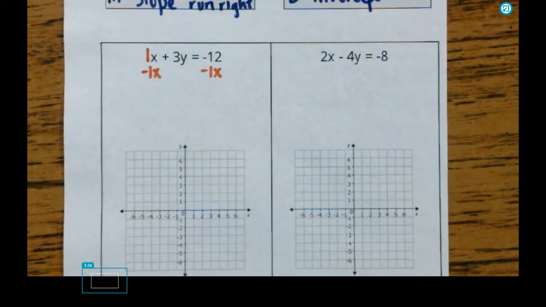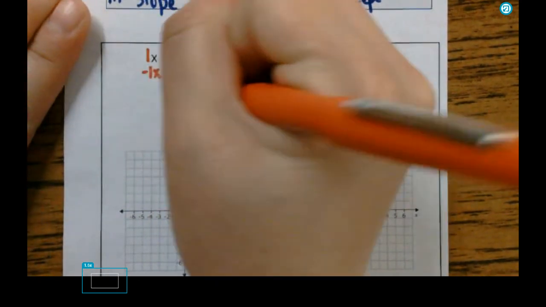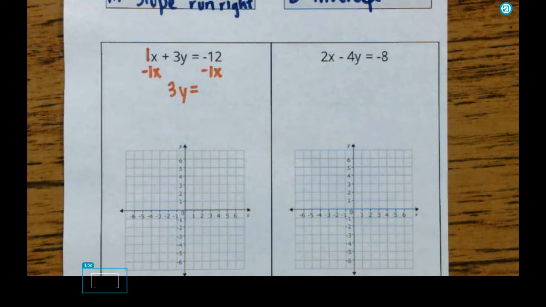On the left side of my equation, that leaves behind a 3y. And then on the right side of my equation, I have a negative 12 and I have negative 1x. First of all, we cannot combine those. We cannot do negative 12 minus 1 because negative 12 is a constant. It's a number without an x. And then the negative 1x has an x with it.